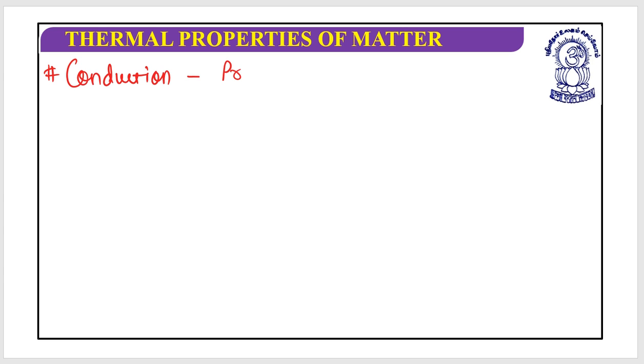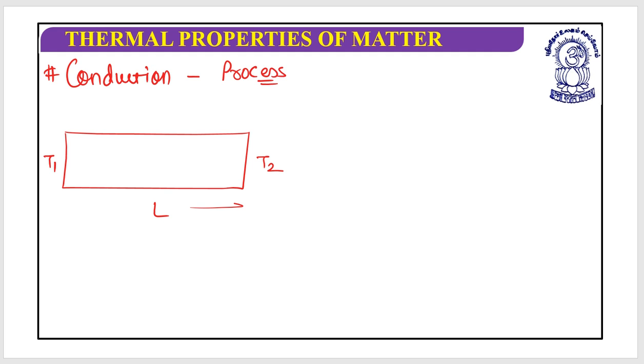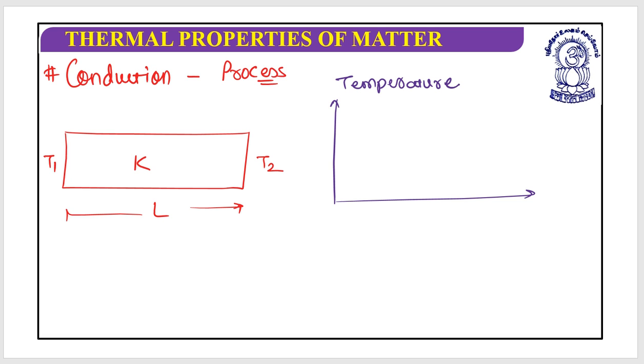Let's look at this situation: this is T1, this is T2, this was L, and this conductivity is K. If I plot a graph of temperature versus length, that means from the hotter end to the colder end, how would the graph be?